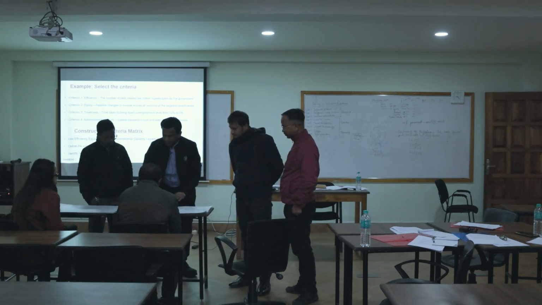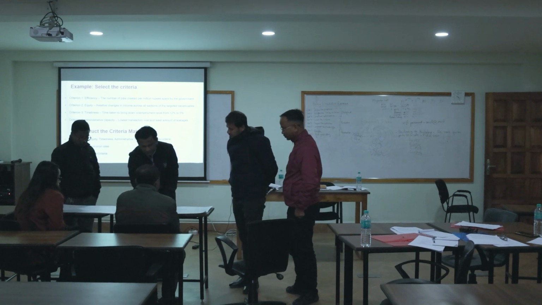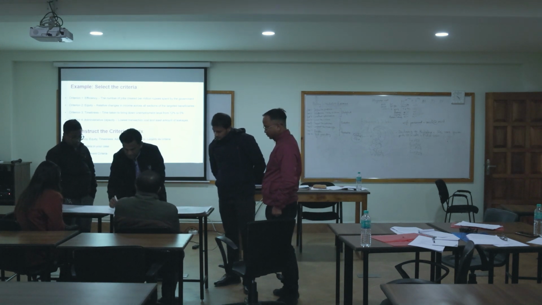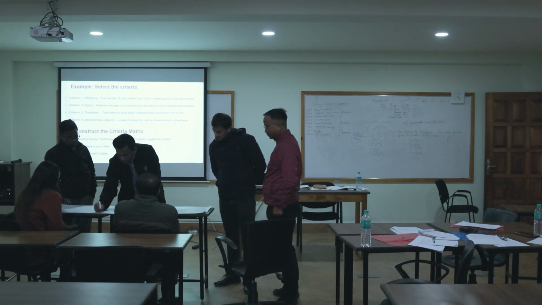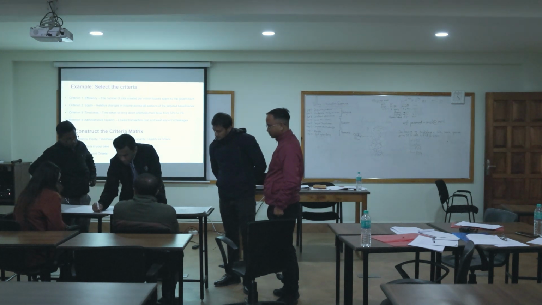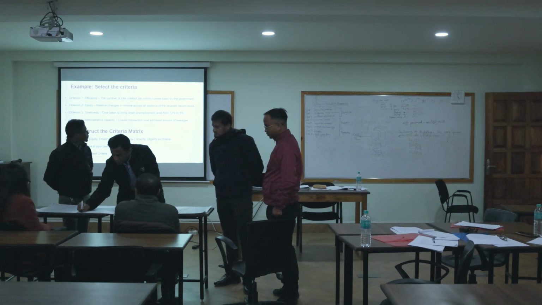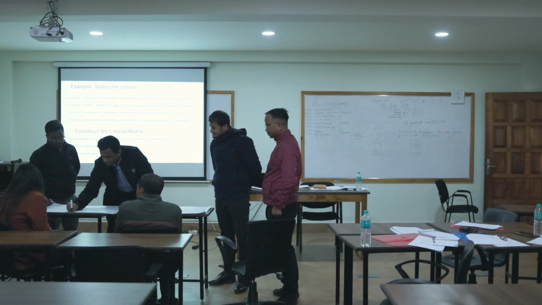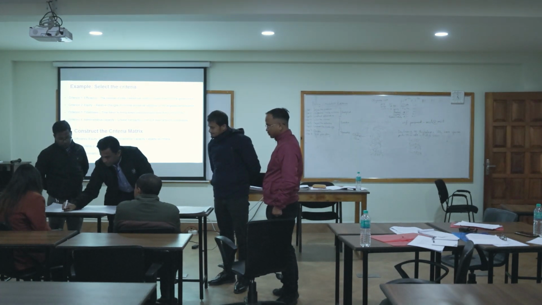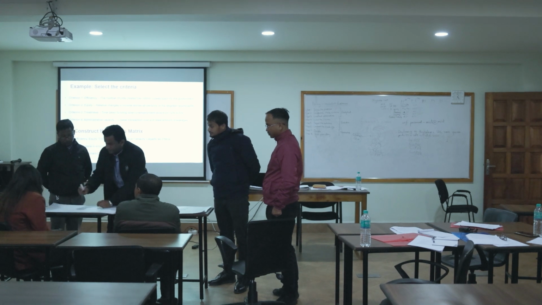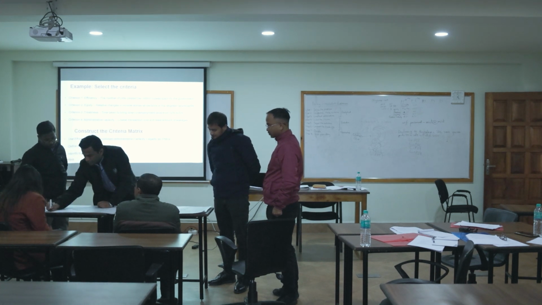Now I said that you want to create a matrix. So these are the rows, right? So just consider these as rows. This is your policy option 1, which is status quo, right? Policy option 2, which is your infrastructure. Policy option 3, which is your teachers' training. Then policy option 4, and then policy option 5, right?